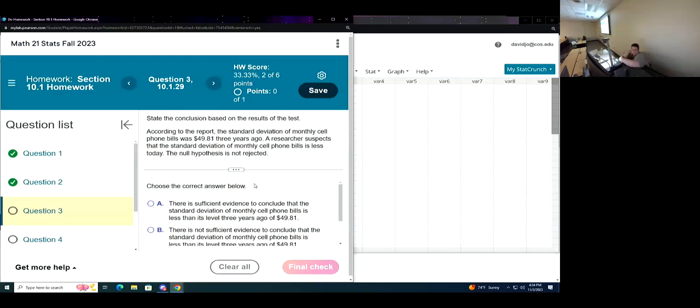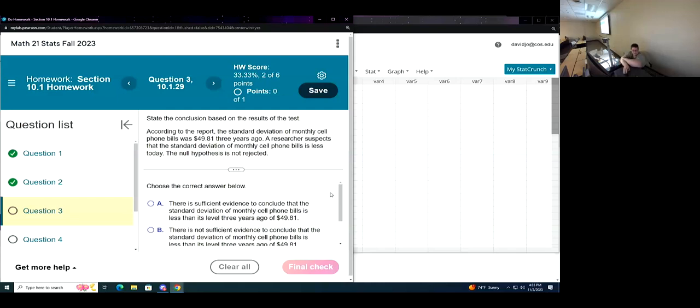This is question number 3. State the conclusion based on the results of the test. According to the report, the standard deviation of monthly cell phone bills was $49.81 3 years ago. A researcher suspects that the standard deviation of monthly cell phone bills is less today. The null hypothesis is not rejected, which means we can't support the alternate one, and the alternate one is that it's less.